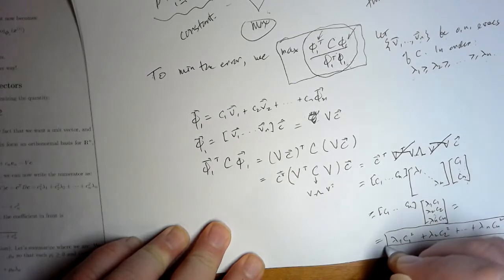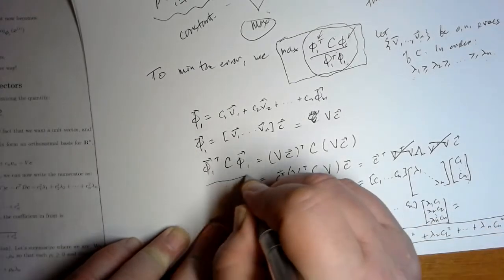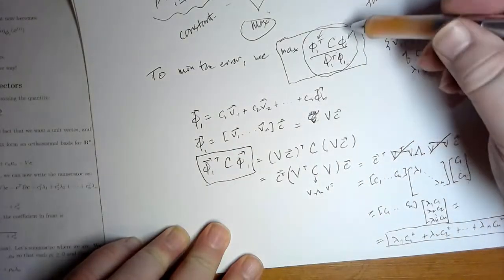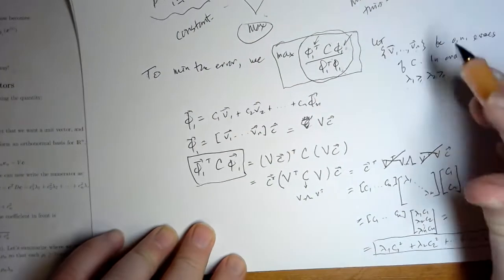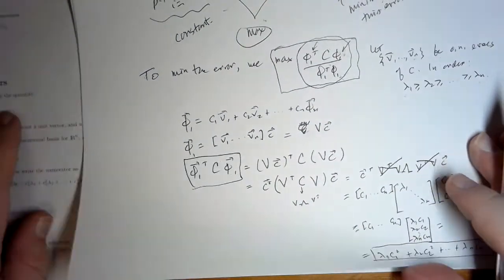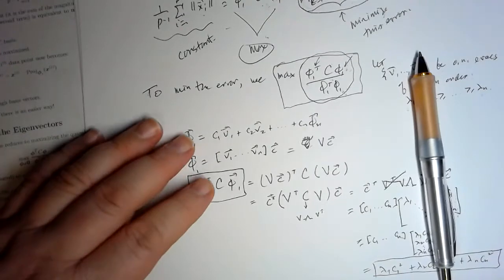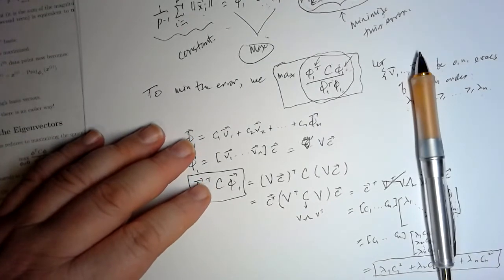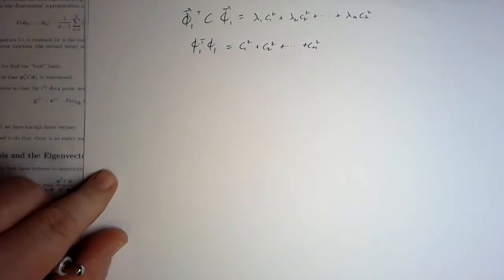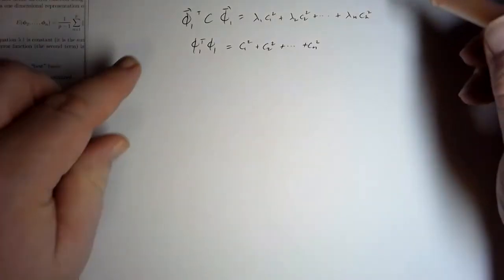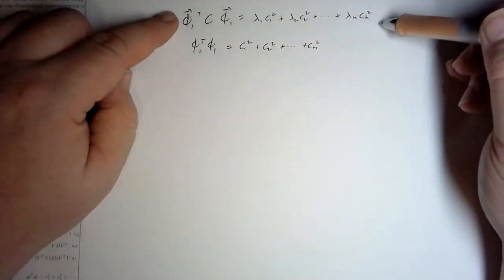So this quantity right here is what's in the numerator. Let me rewrite that. I'll pause just a minute and rewrite my notes. Good. So we just showed that the numerator of our expression can be written this way.